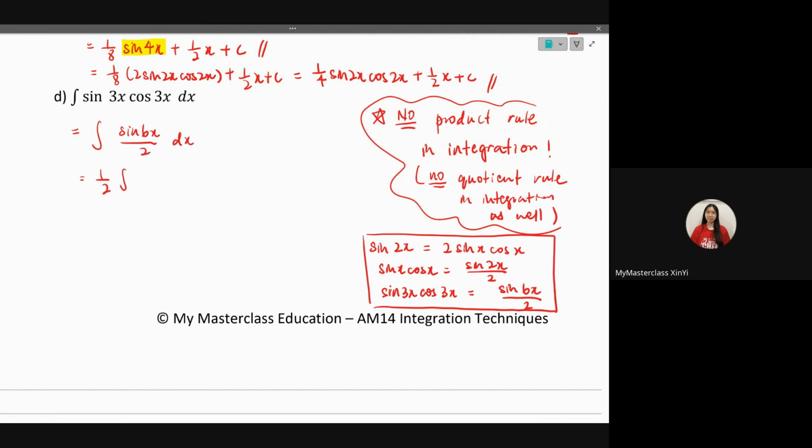So I am integrating sine 6x. When I integrate sine, I get negative cosine, so I will have half times negative cosine 6x. The angle doesn't change, divide by the differentiator of the angle. Therefore, I will have negative 1 over 12 cosine 6x plus c.